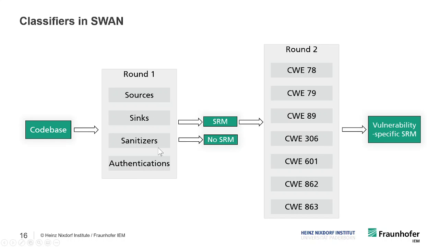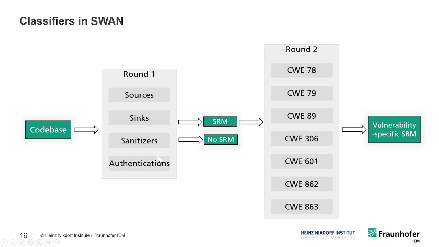This means every method from the code base will be classified as source or not source. This will be done again with the classifier for sinks. We will get for every method information whether the method is source or not source, or a sink or not sink. And same for sanitizers. The exception is authentication methods.